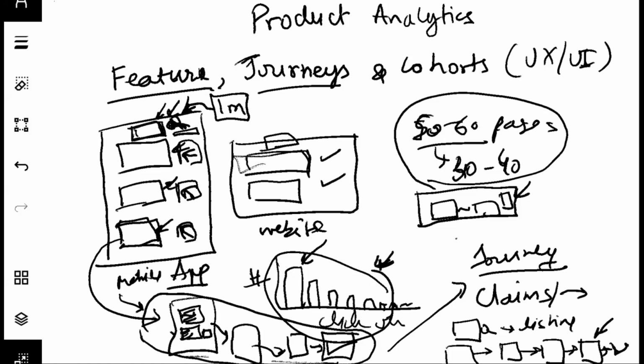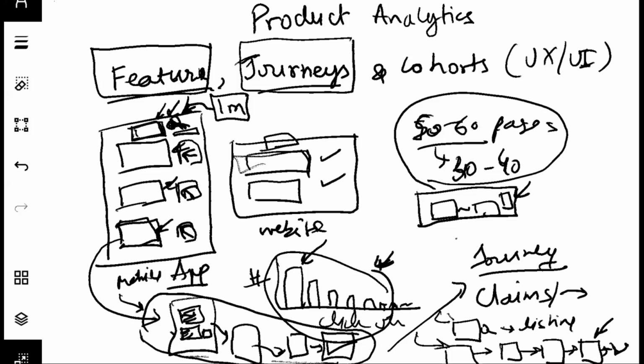So when you think about one big area of where you would be spending your product analytics time, it is feature analytics and journey analytics. Journey again is what are the most important journeys on your website, where the biggest bang for the buck is. The biggest bang for the buck, I would say, would be where the revenue is, where your conversion funnels are. Also, when you think about the revenue side, also think about the loss side.